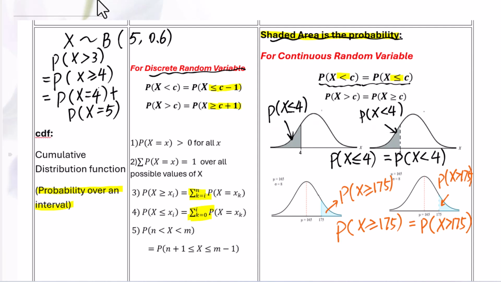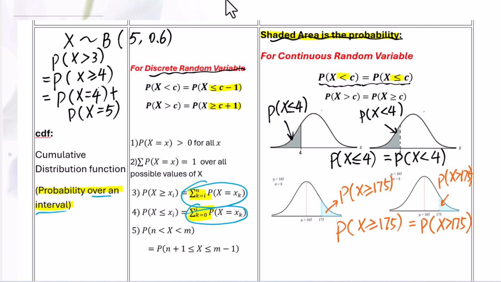Definitely we can use the binomial CDF, but you can also use this summation to show this probability over an interval for discrete random variables.